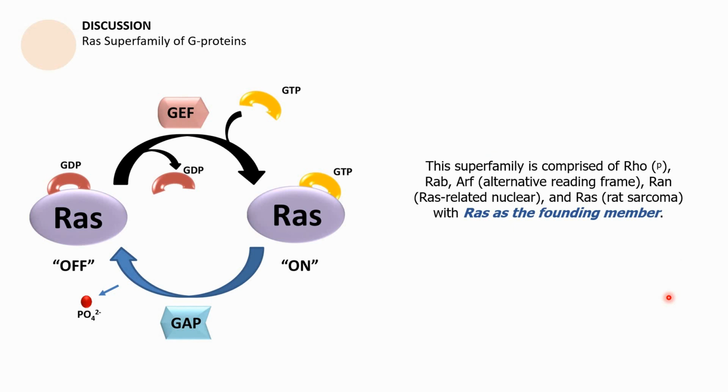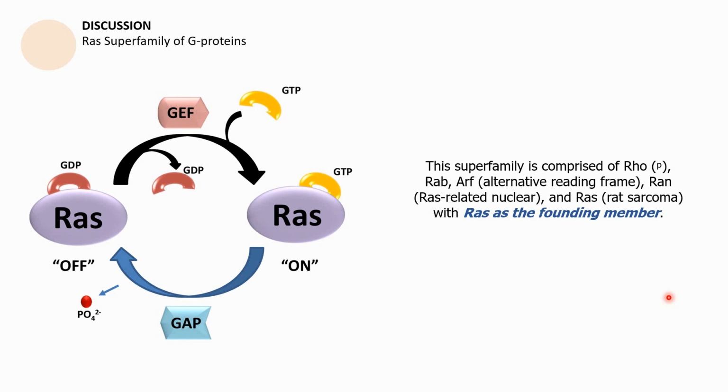This superfamily is comprised of the RAB, ARF or alternative reading frame, RAN, which is RAS-related nuclear, and RAS, which is rat sarcoma. Okay, so yung RAS, which is rat sarcoma, is the founding member. So, siya yung pinakaunang member ng superfamily na to.